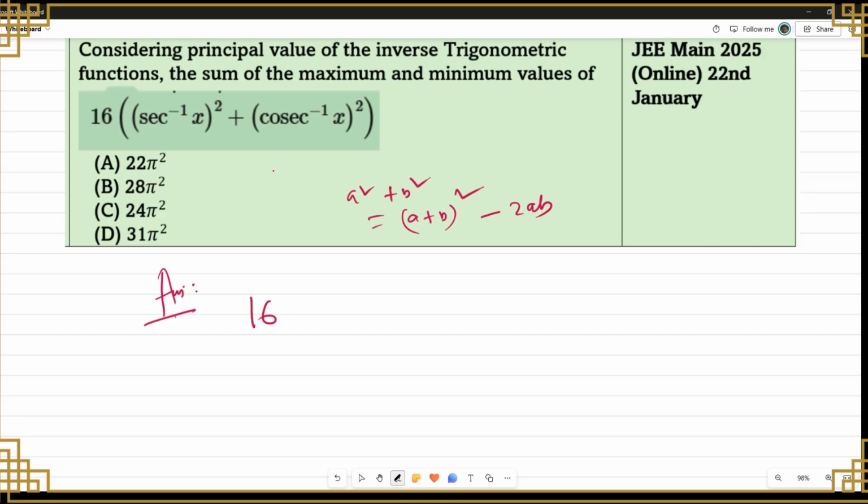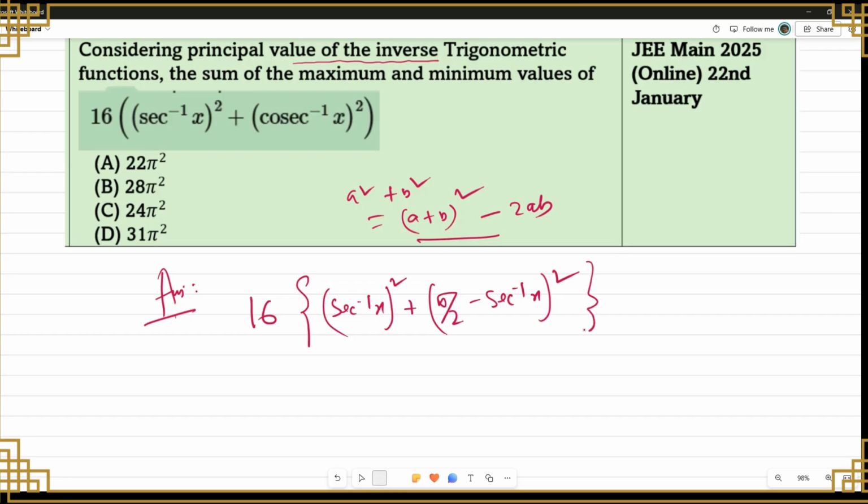First, you convert into one expression. What one expression will be there? Either you change this way or you write this as pi by 2 minus, because they said considering principal value of inverse trigonometric function. Okay, just open the bracket.